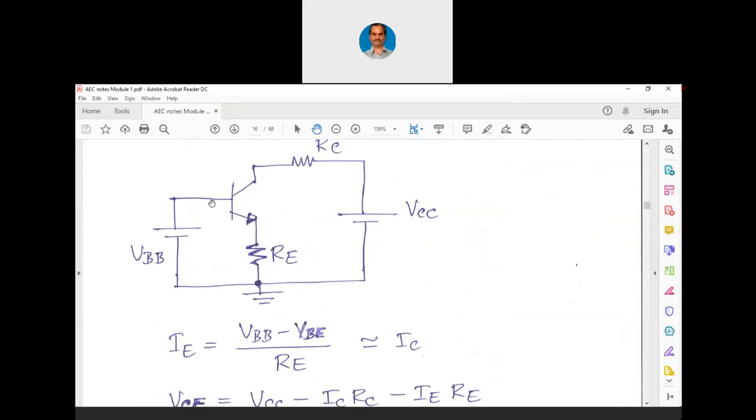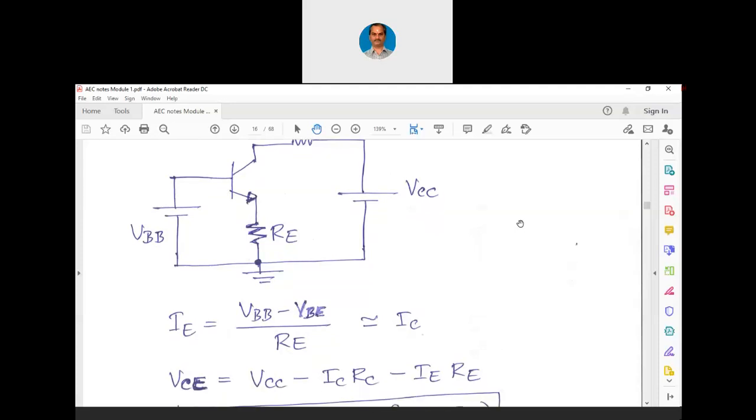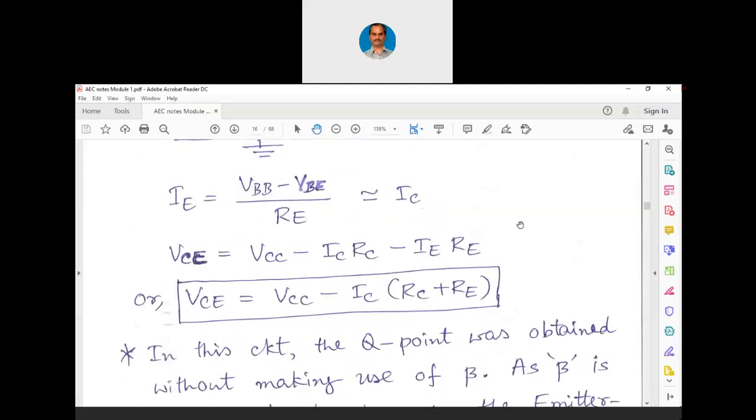Now here, when we know the biasing voltage at the base, we can easily find out the voltage across RE, approximating this VBE as 0.7 volts for a silicon transistor. That way, in this particular circuit and even in the future circuit, which we are going to discuss called voltage divider bias circuit, there also we can completely ignore IB. Only when we ignore IB, then only we can ignore beta also. That is how this circuit is more stable than the earlier circuit.